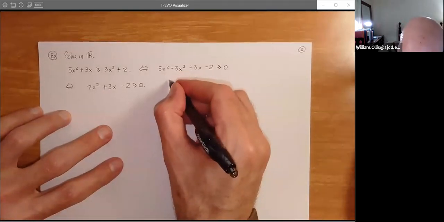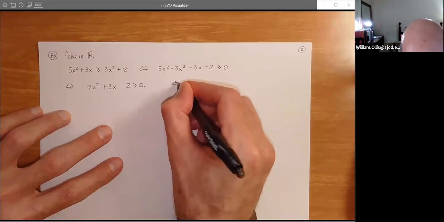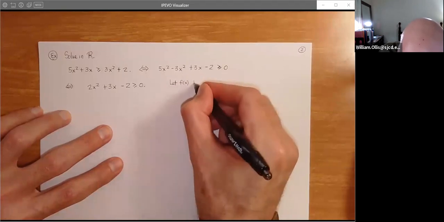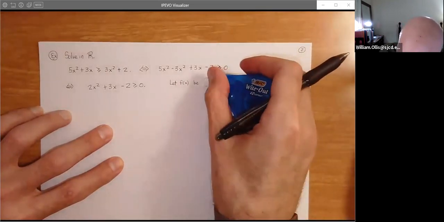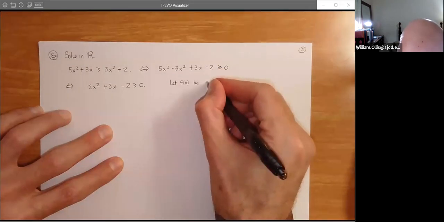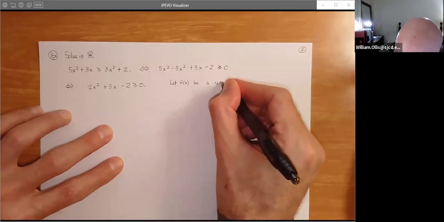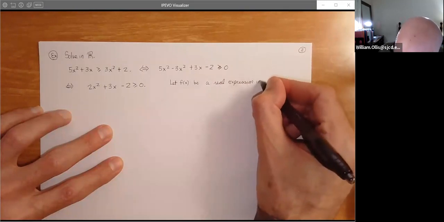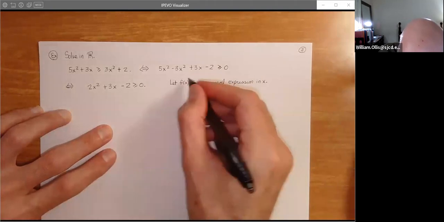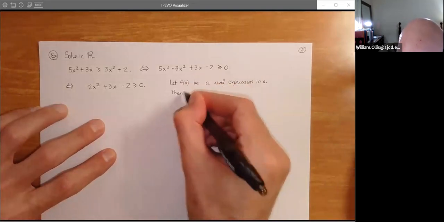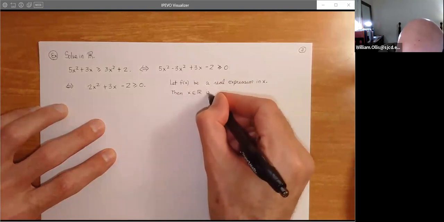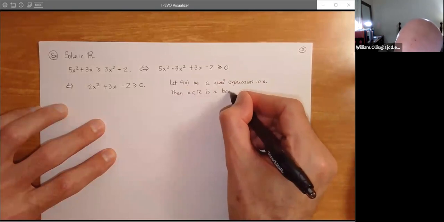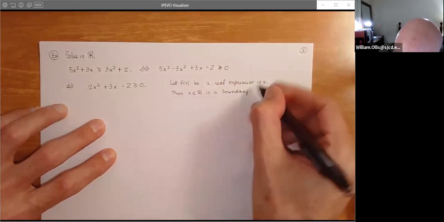So we'll just say this: let f of x be a real expression in x. Then x element of R is a boundary value.